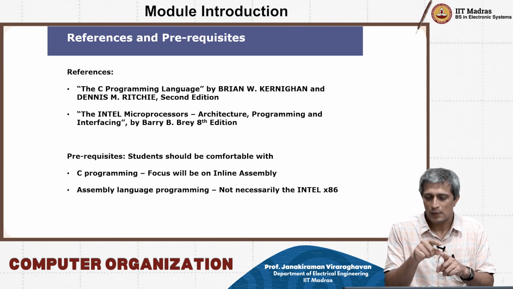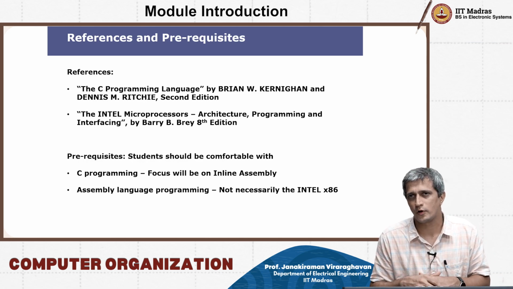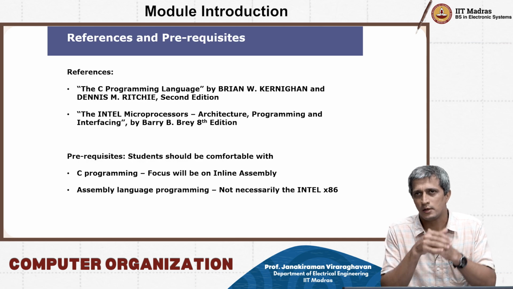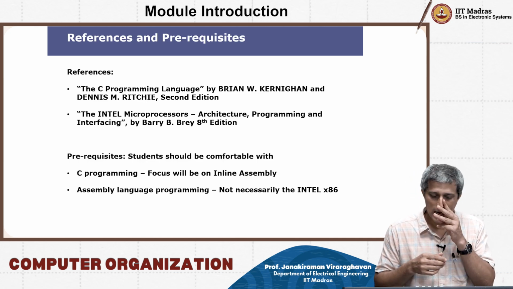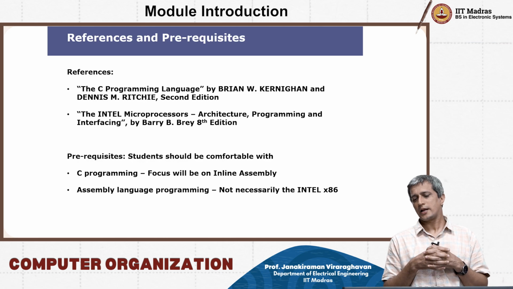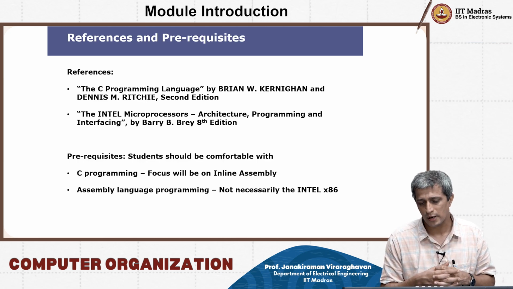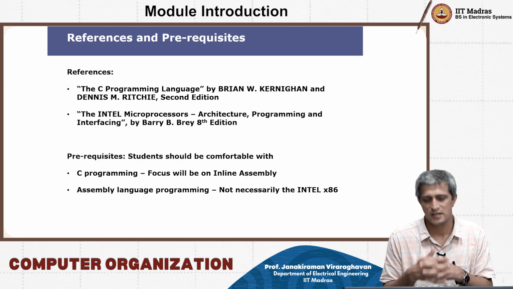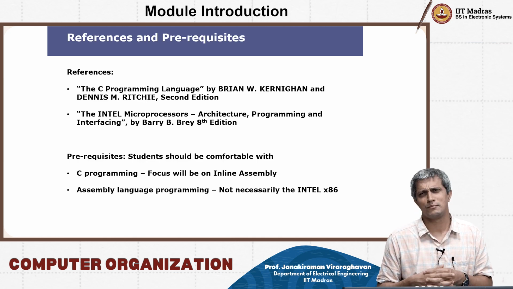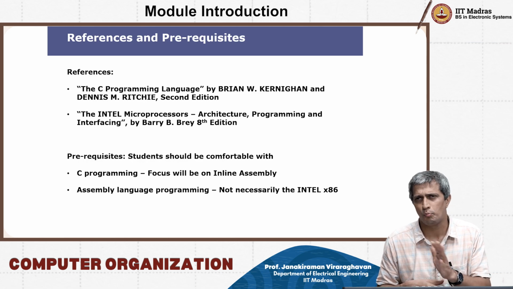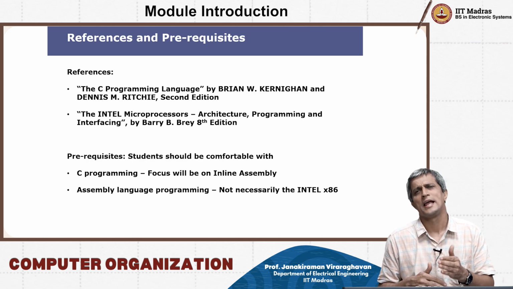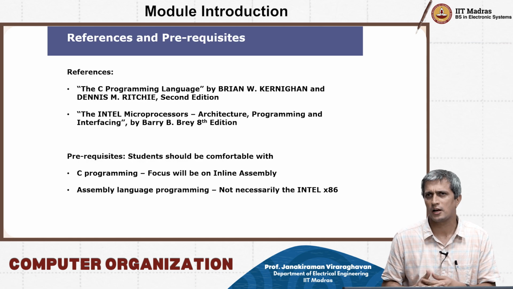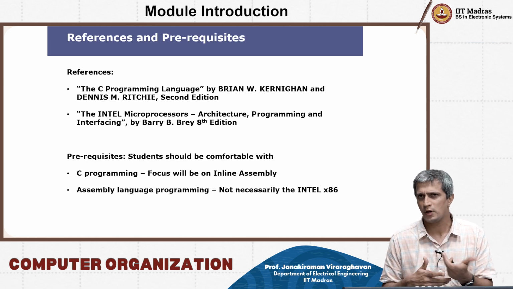I will also help you appreciate this book a little better through these lectures. And of course, Intel Microprocessors: Architecture, Programming and Interfacing by Barry Brey is a very good reference for the x86 instruction set. But I would say it's not necessary that you buy this book for this course. Any reasonable reference on the internet for the x86 instruction set should be good enough.